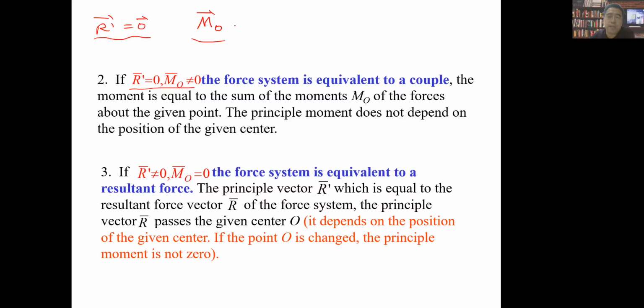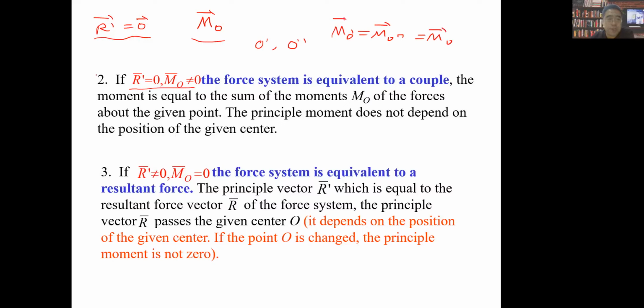Although we always say that this MO, the principal moment, depends on the different position of the selected point, under this condition, if R prime equals 0, the original force system is equivalent to this MO. That means you can arbitrarily select any other point, and you will find MO prime equals MO double prime equals MO. Why?